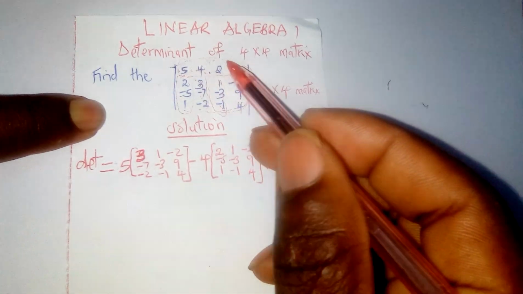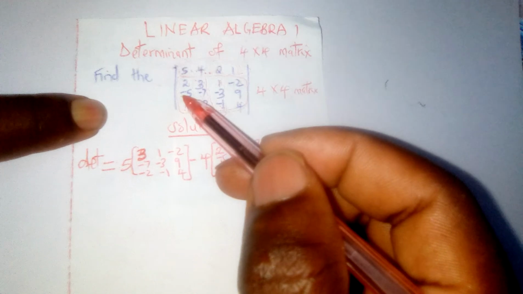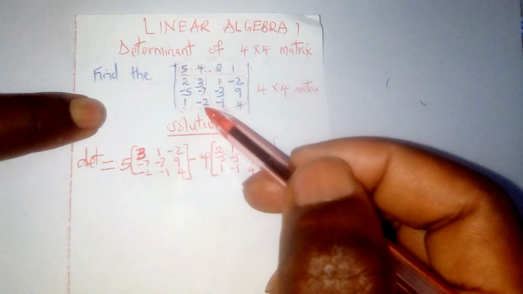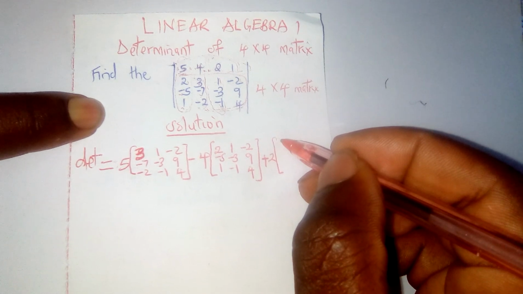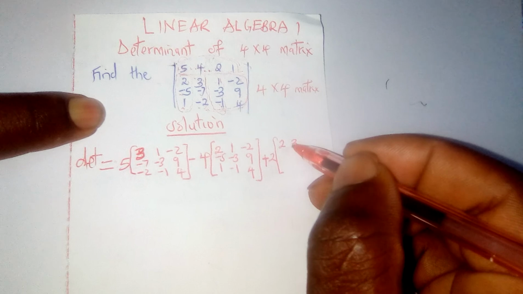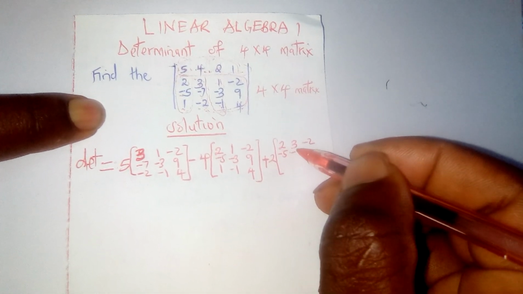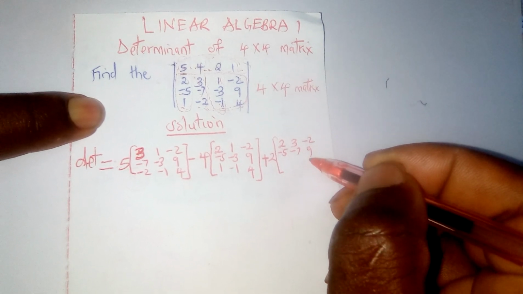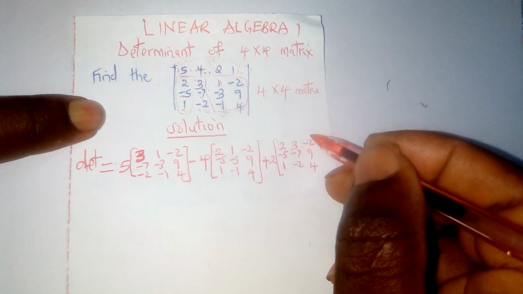And therefore when I cancel them, I'll remain with 2, 3, negative 2, negative 5, negative 7, 9, 1, negative 2, as well as 4. So that's what I write here: 2, 3, negative 2, negative 5, negative 7, 9, and 1, negative 2, 4.